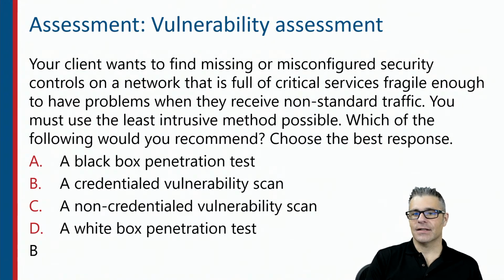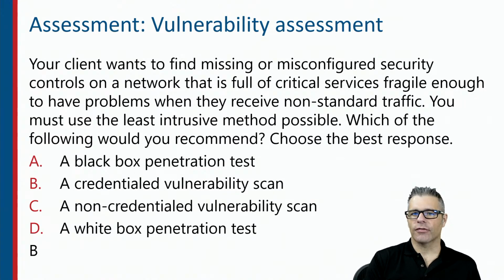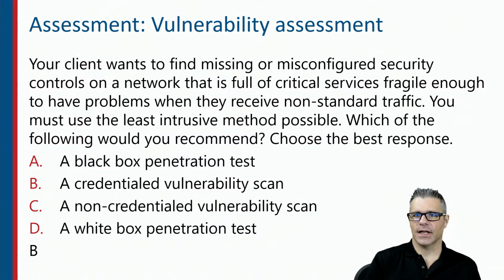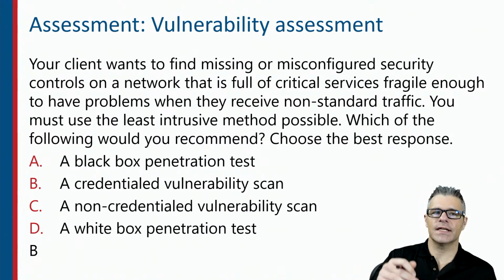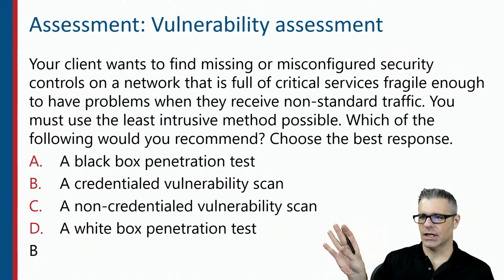So if we had that $1 million MRI or that $1 million CAT scan machine, if we didn't have an authorized way to get into it, it would probably skip right past it. Whereas a white box pen test would be a good start. That would be definitely like the half credit answer here, because you would at least know the $1 million MRI machine is on the network, and maybe you would declare it out of scope.